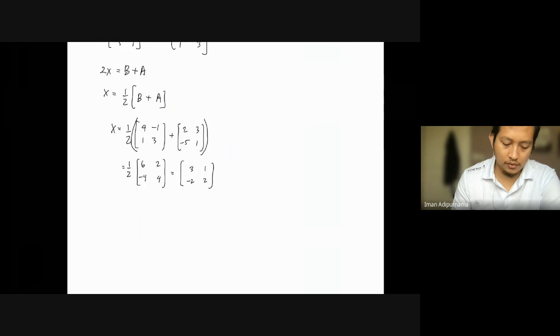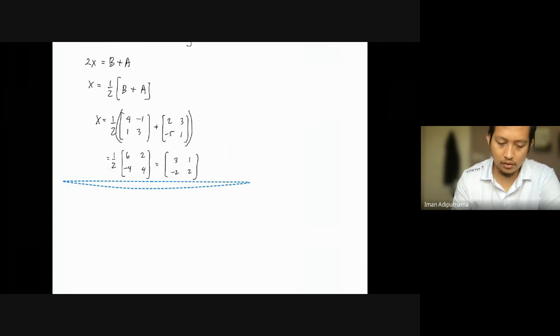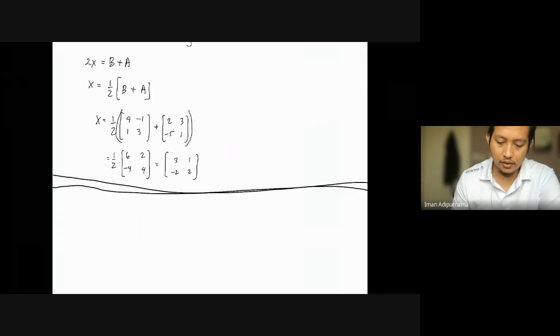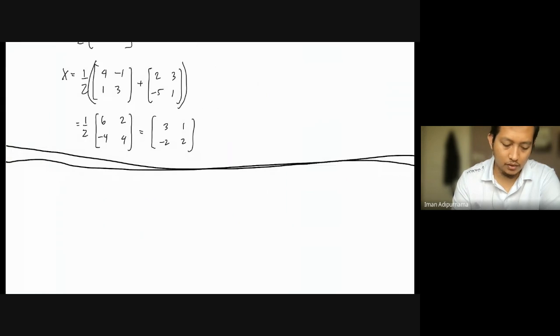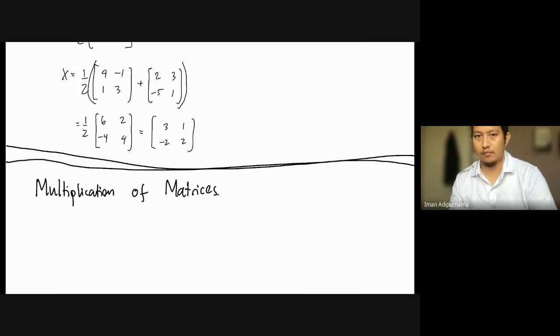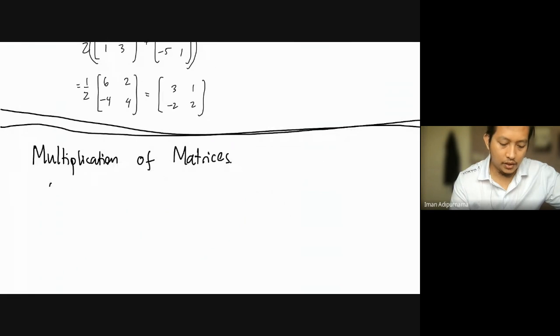Now there is a different thing when we are doing multiplication. This is the multiplication of matrices. Let's say A and B are matrices.